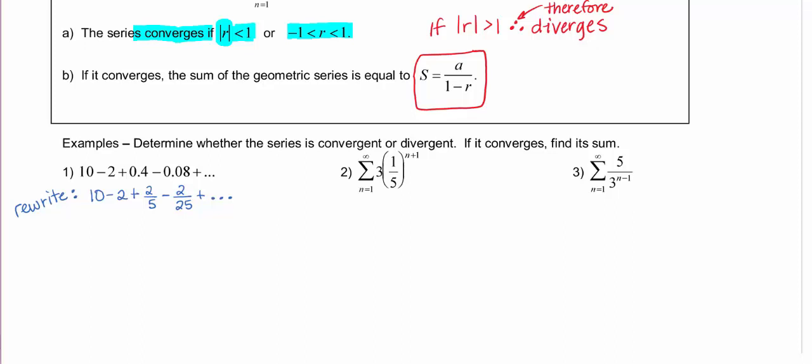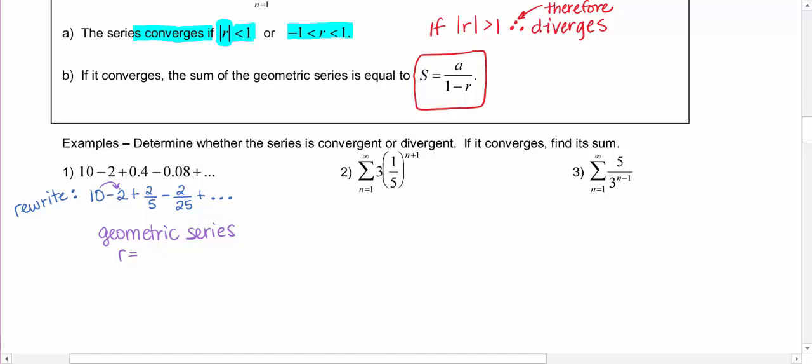I really think that even though you don't love working with fractions, they are easier to work with in this case than the decimals. So now I can say, is this series geometric? Well, it's a geometric series if I can come up with the common ratio that I am multiplying by each time. I can see I'm dividing, but we don't want to talk about that. We want to talk about what we are multiplying by each time. So I'm multiplying by a negative because I'm going from positive 10 to negative 2.